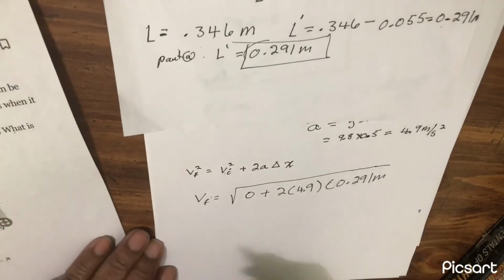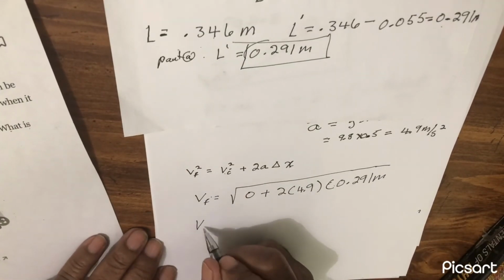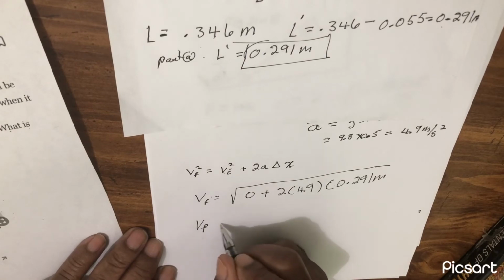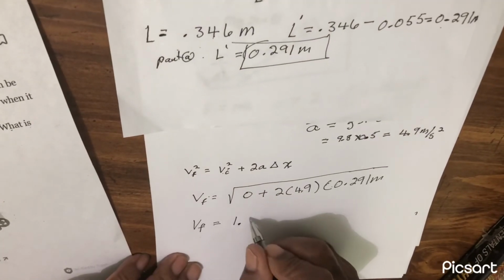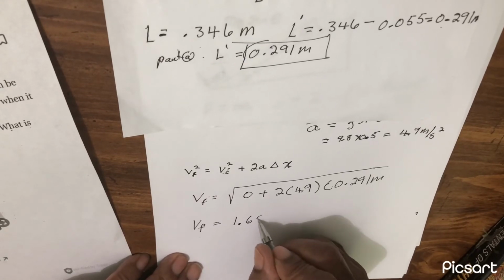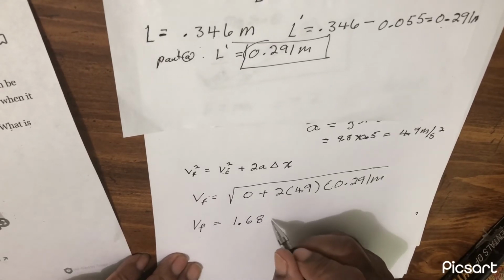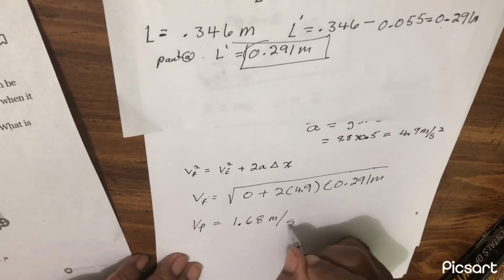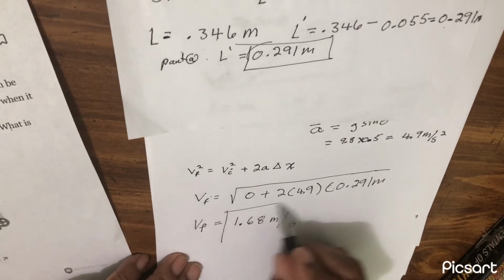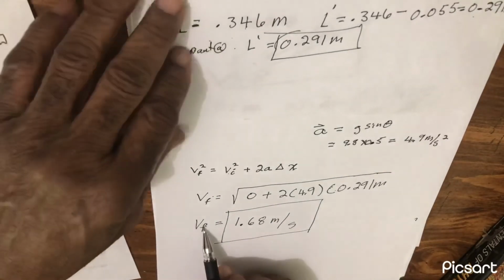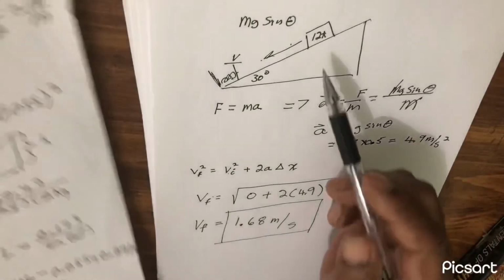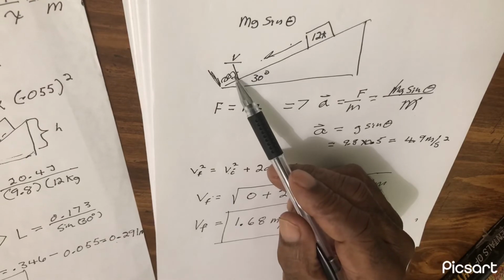And when you finish doing this math, V will equal 1.68 meters per second. That's the answer for V, the velocity just before it hit the spring.